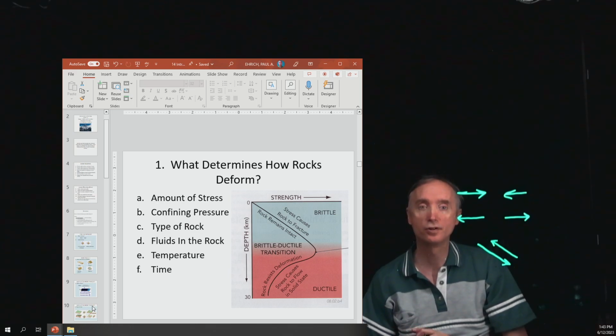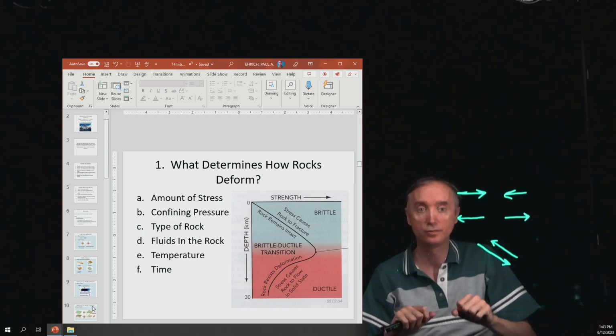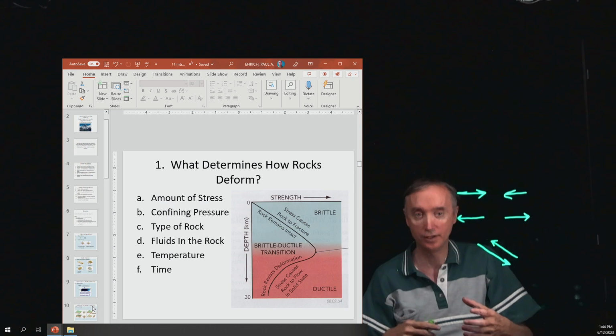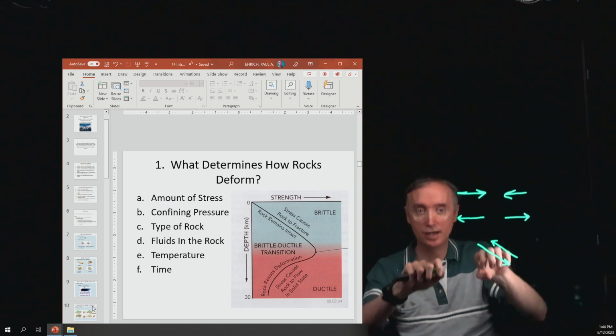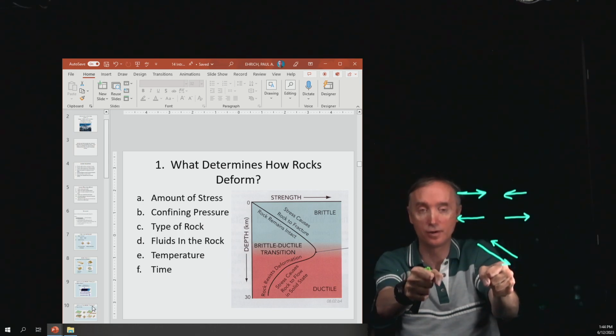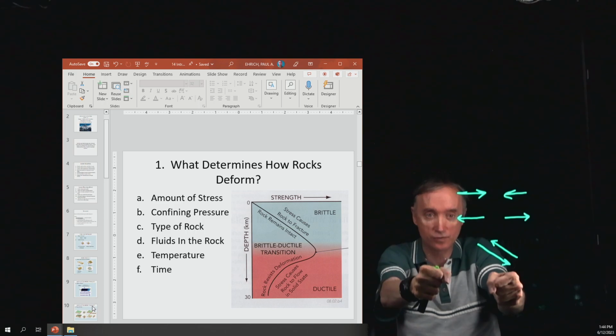So what determines how rocks are going to deform? So we said that a rock could bend, a rock could break, and then a rock could be permanently deformed. So in the case of taking a rock and bending it, if you release the stress on it, it returns back to its original form. If you put too much force on it, it's going to break.